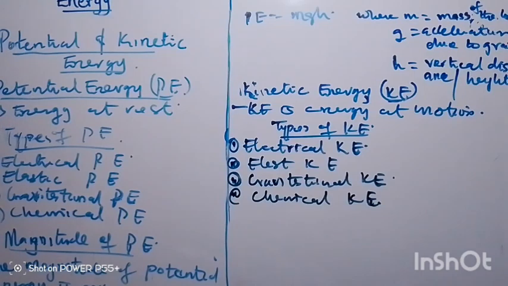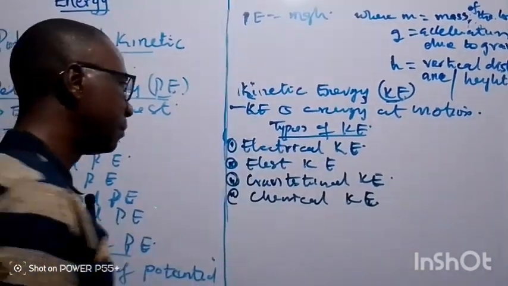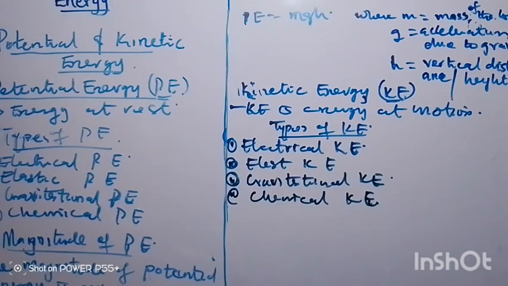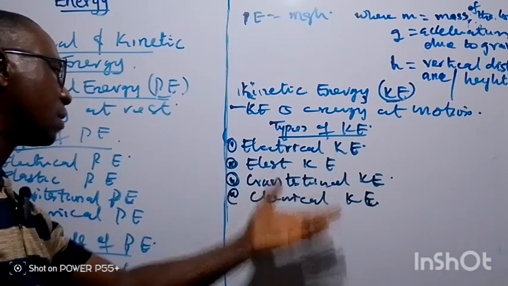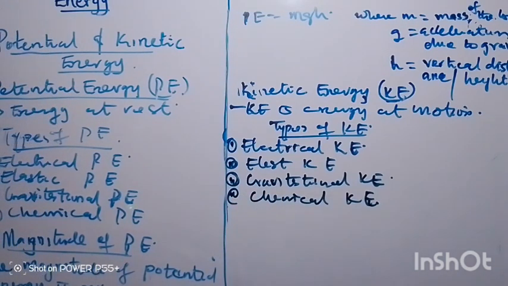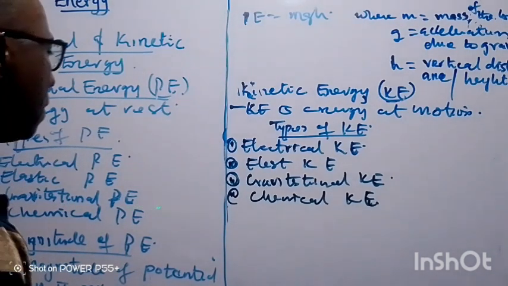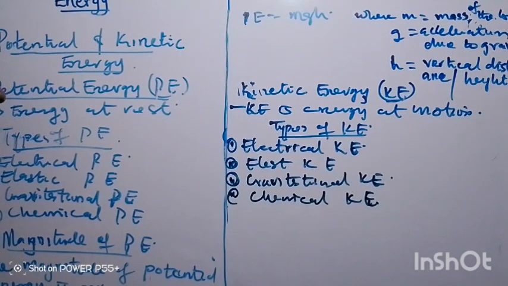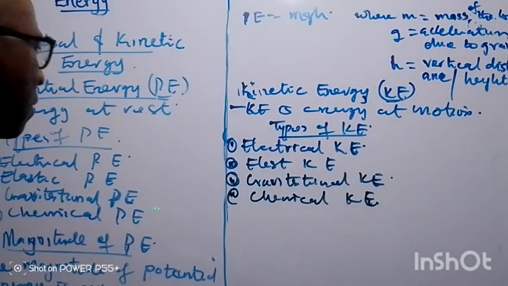At the same time, kinetic energy can also be classified in terms of the type of motion that an object is undergoing. That is, it depends on the type of motion that a particular object is undergoing.